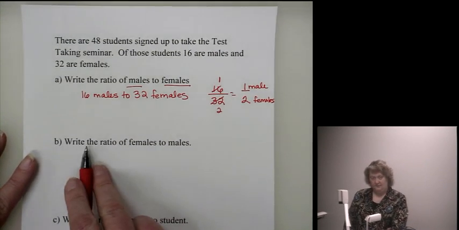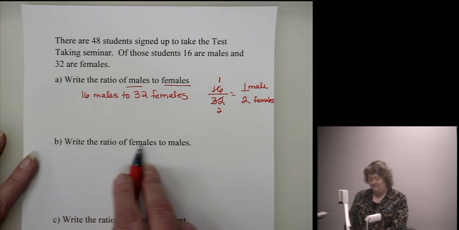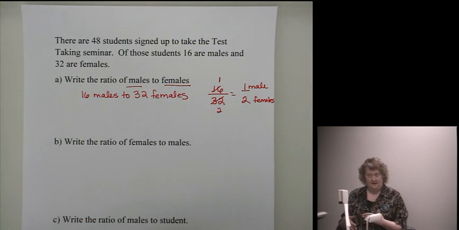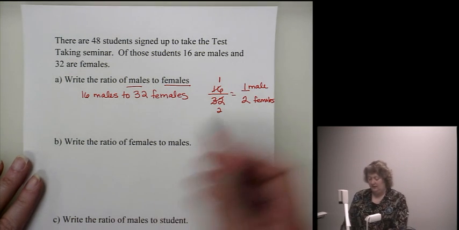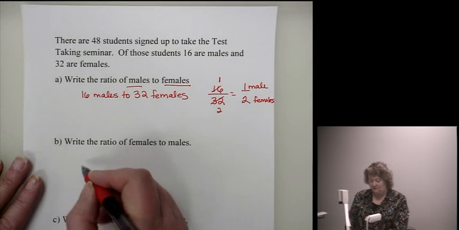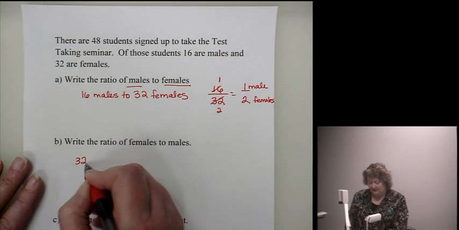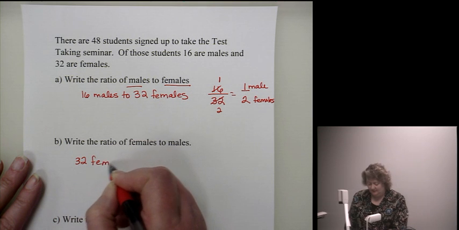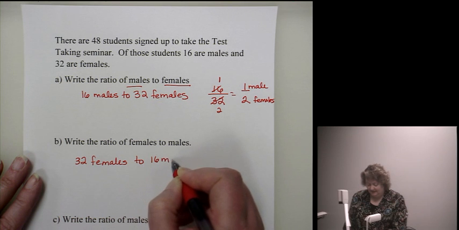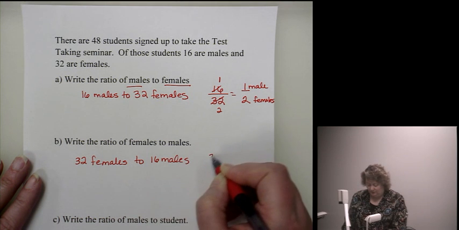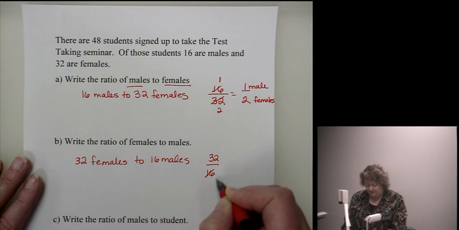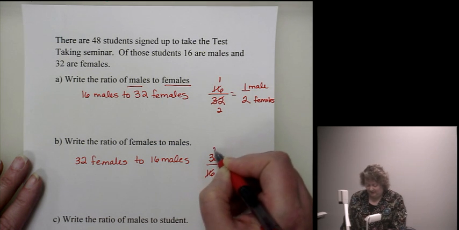Now, the B part says write the ratio of females to males. Notice this one's the inverse of that ratio. So we really could just take the inverse of our answer. But let's start from the beginning because that would be 32 females to 16 males, which would be 32 over 16. 16 goes into itself one time, into 32 twice.